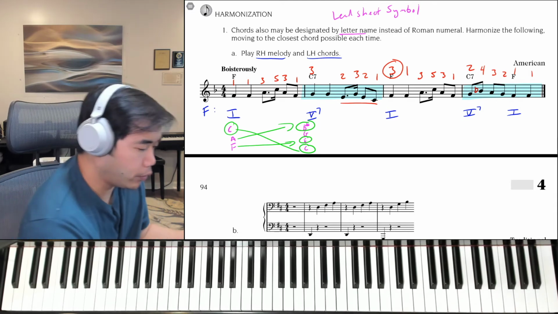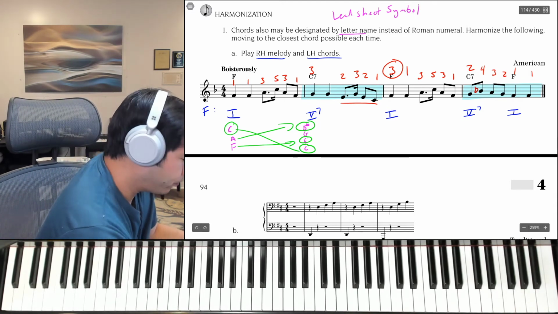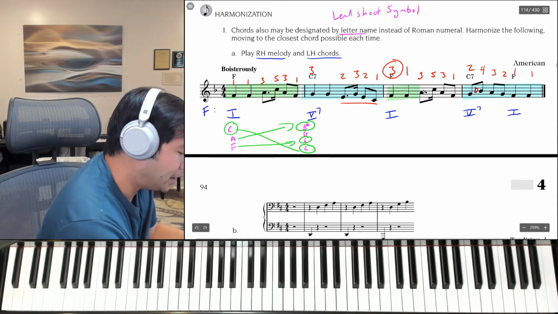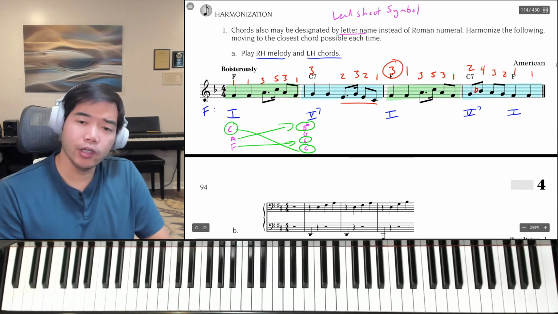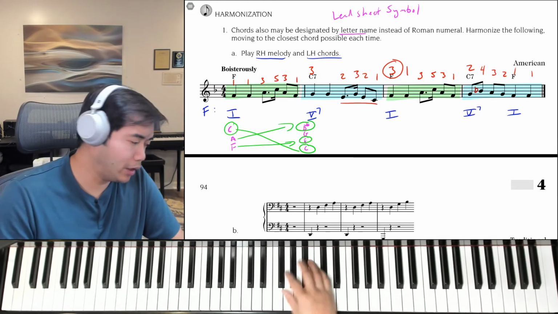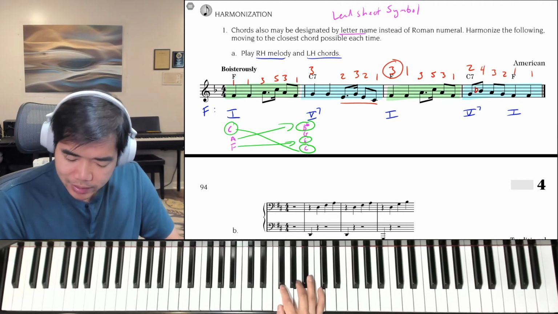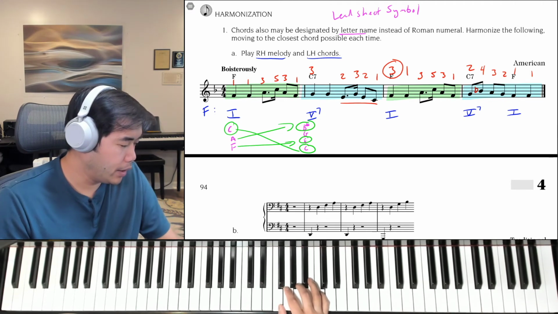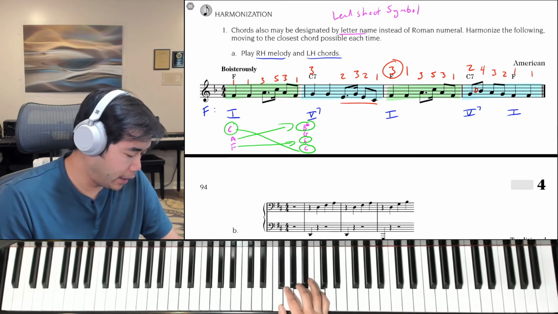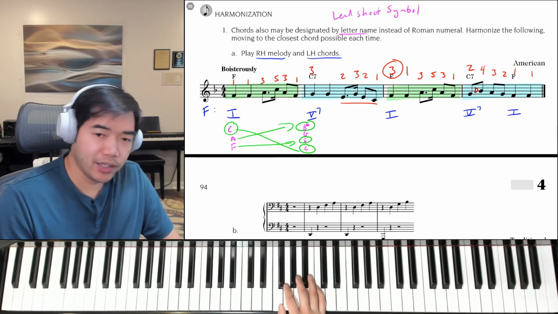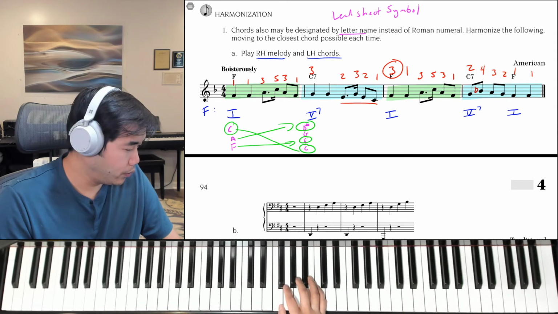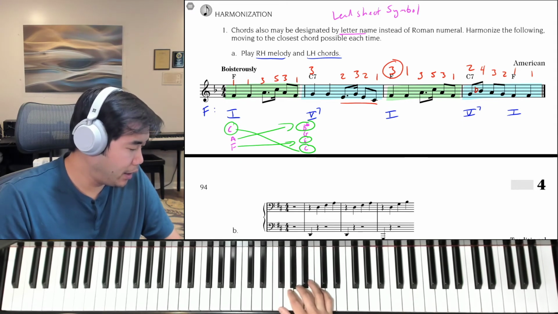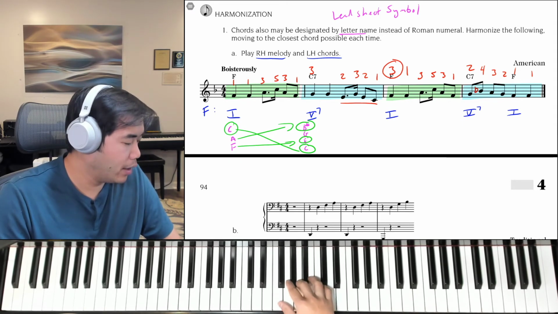Which leaves the first and third bars, which happen to be identical with each other, note-wise at least. Let's try the first measure. It's basically just an F major triad. 1, 3, 5. Counting, and 1 and 2 and 3 E and a, 4 and.